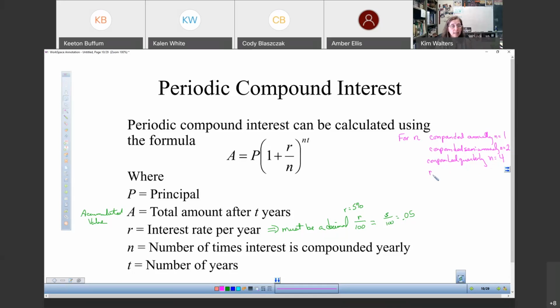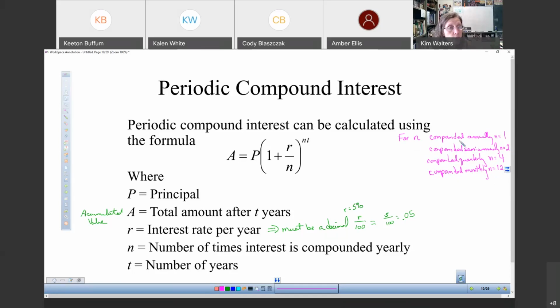And then finally, it could say compounded monthly. And I always ask this question in class because it amazed me. One semester, somebody told me 13 months were in the year. No idea what planet they were on. But anyway, the last time I checked, there were only 12 months in our calendar year. So that means every month it's going to be compounded. So that would be 12 times a year. So you do have to know these 4.